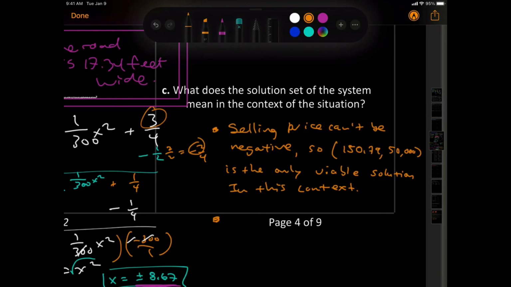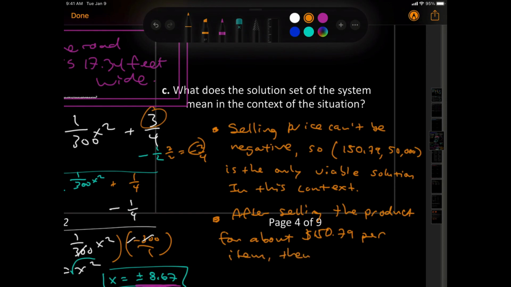What else does this mean? So after selling the product, these expensive math flashlights, because I have a flashlight in front of me, after selling the product for about $150.79 per item, then the company can profit $50,000.